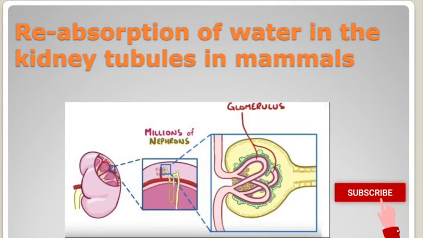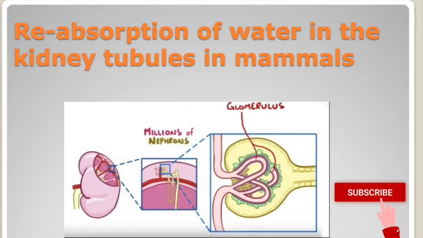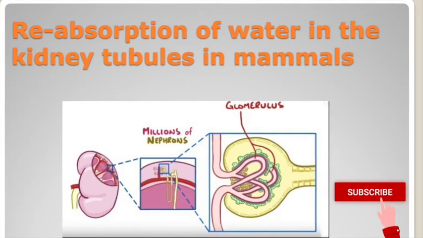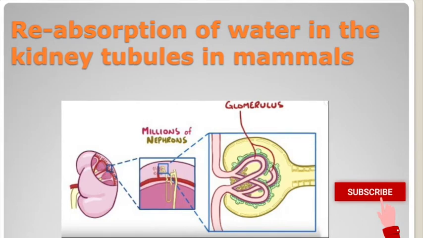So when waste substances are generated, what happens is that they will go through it, and then the water that is going out will be reabsorbed back into the system. So let us look at the reabsorption of water into details again.